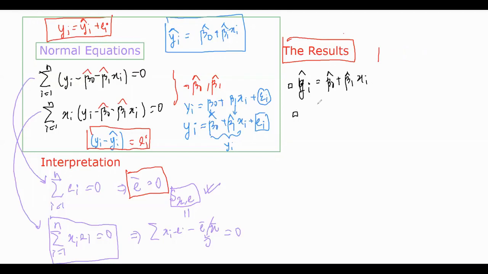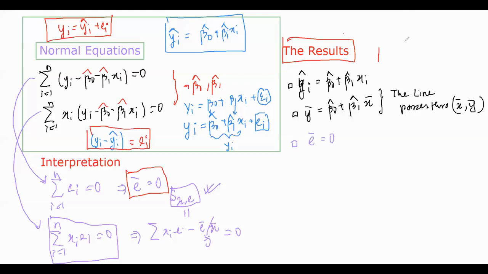We also got that y bar equal to beta naught hat plus beta 1 hat x bar. This is important. This implies that the regression line, the line we have got, passes through x bar comma y bar. And what else do we get? Let's explore. We got that e bar is 0. We also got that S of x comma e is 0.